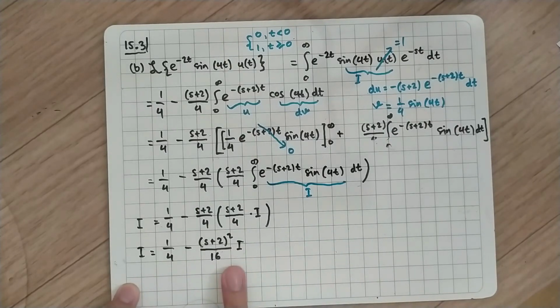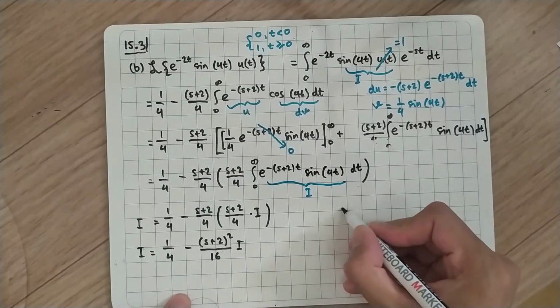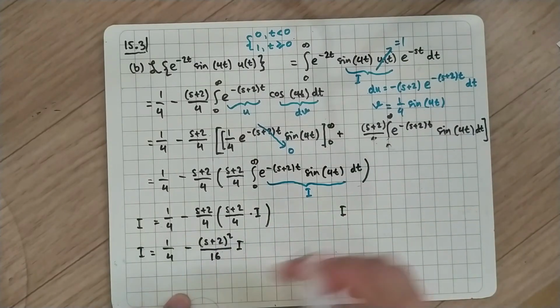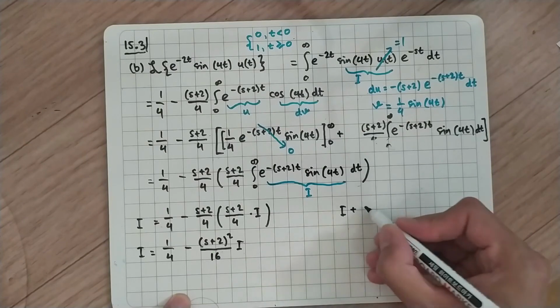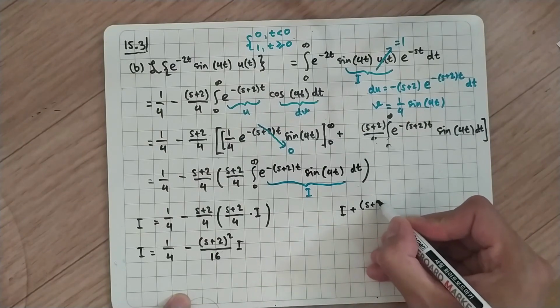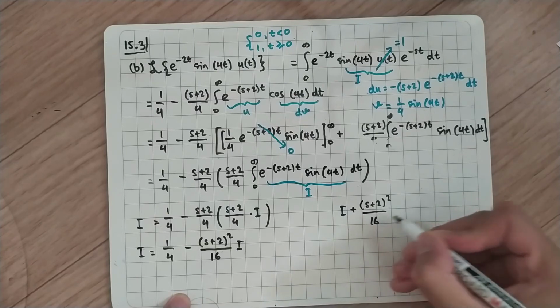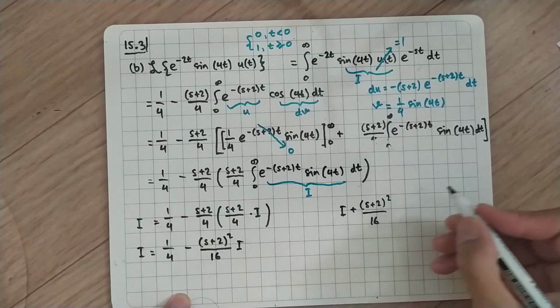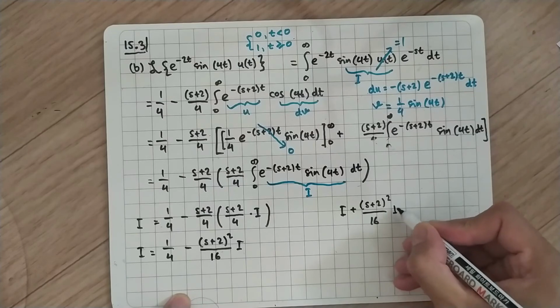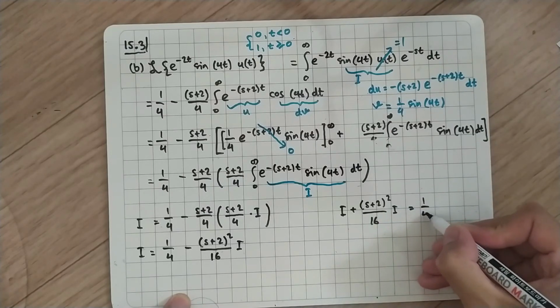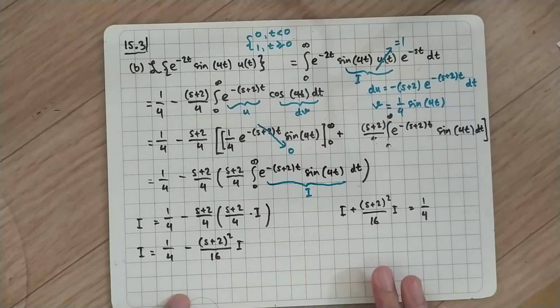Okay, now we need to isolate I. So I will be on the left-hand side: I plus (s plus 2) squared over 16 of I will equal 1/4.